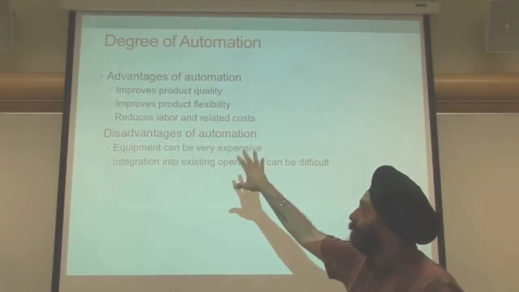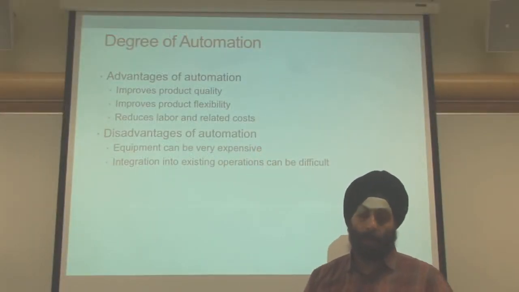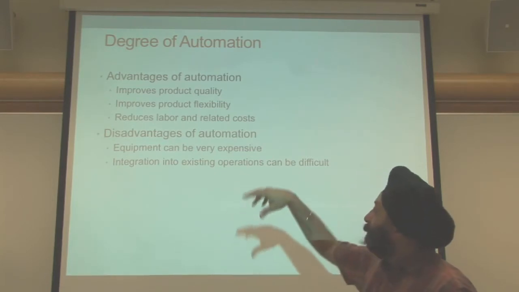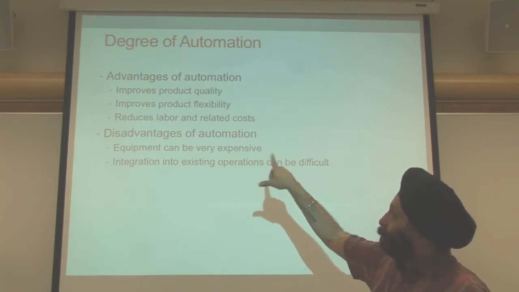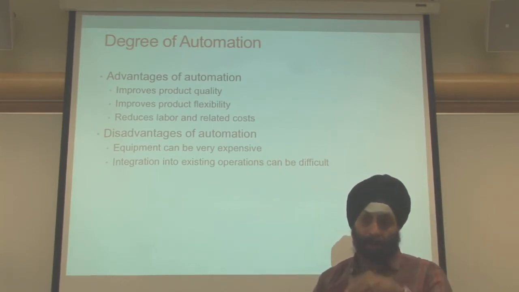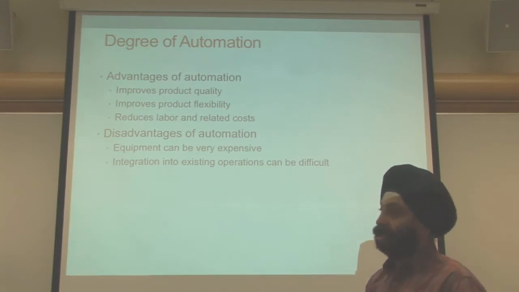Then we'll also look at degree of automation and advantages of automation. It definitely improves the production quality because machines tend to be more reliable than human beings, with less variation. So overall quality of the product will be higher, and it improves product flexibility. You can easily shut down the machine for a number of hours, whereas it's harder to not pay a worker who has been brought in for 8 hours of work when you only have 4 hours of work. So wages still have to be paid.